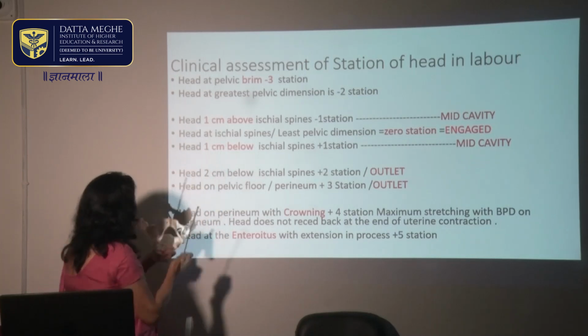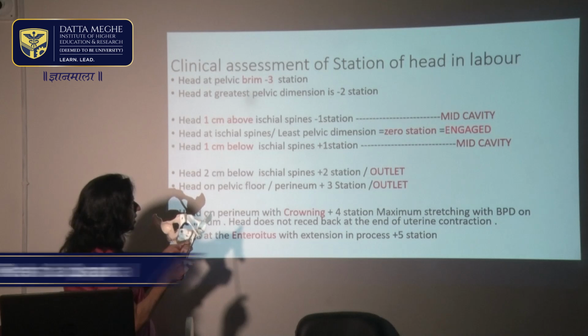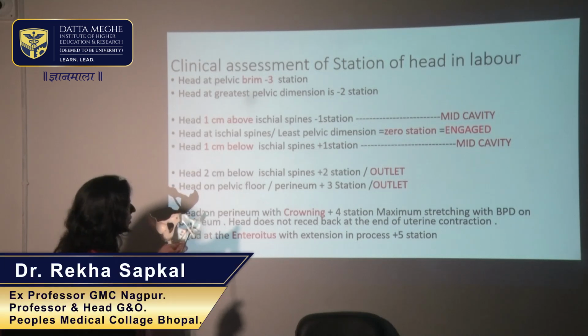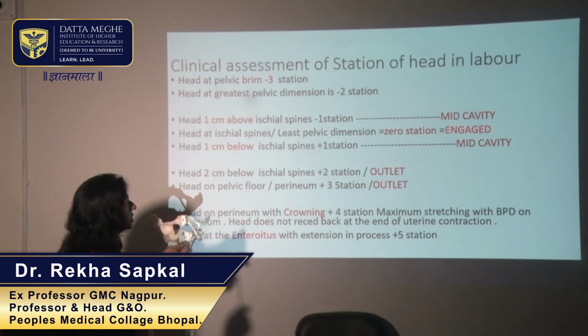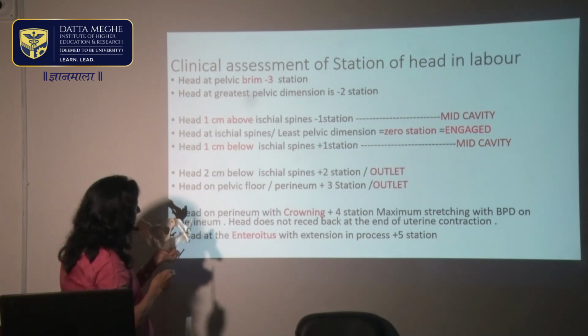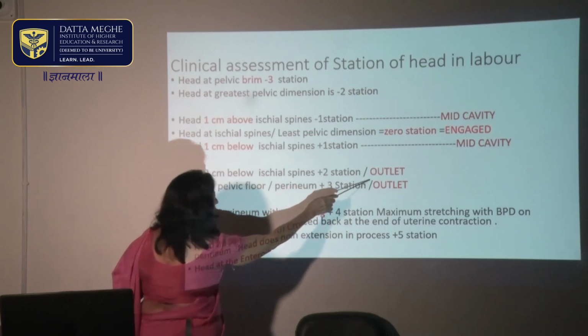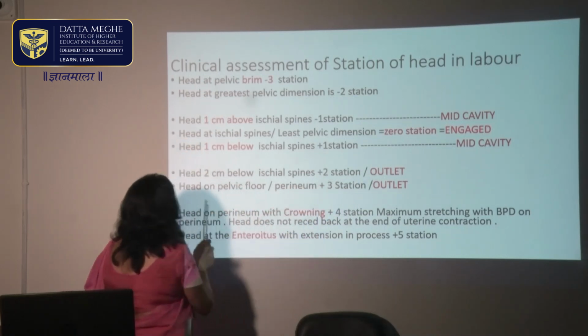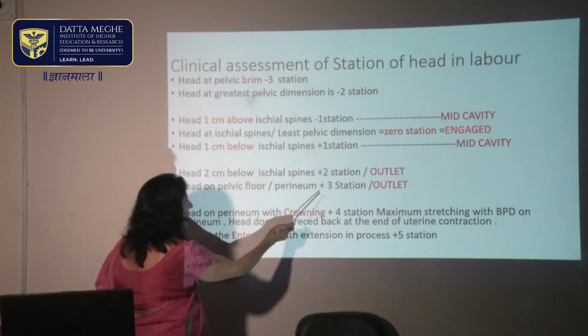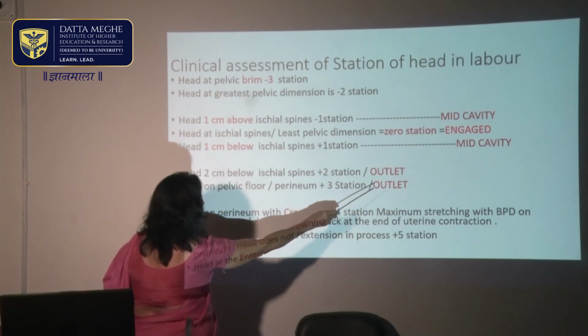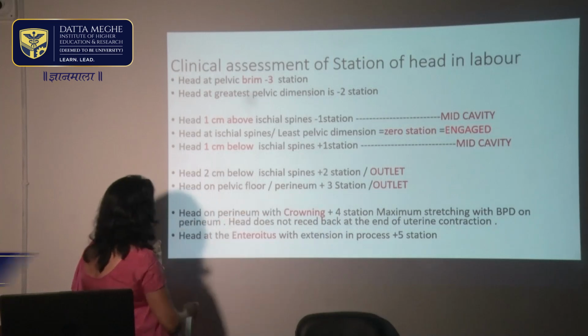When the head is 1 centimeter above the ischial spine, it is mid cavity, or -1. 1 centimeter below is +1, 0 station is here. The head 2 centimeter below, +2 station, that is the outlet, it is known as outlet. When the head is on the pelvic floor, +3 station, it is low forceps delivery, but it is of outlet only.